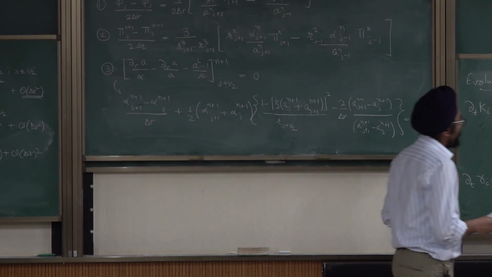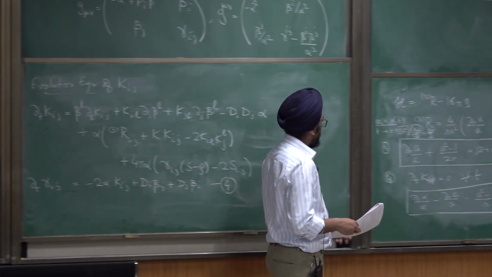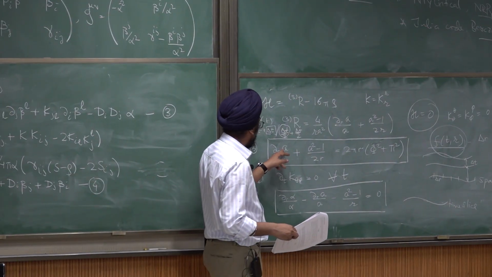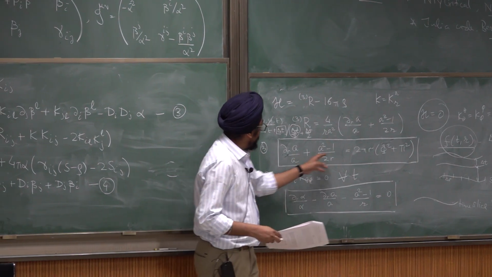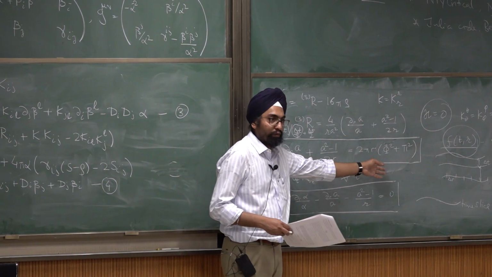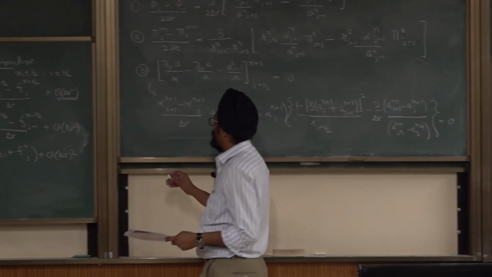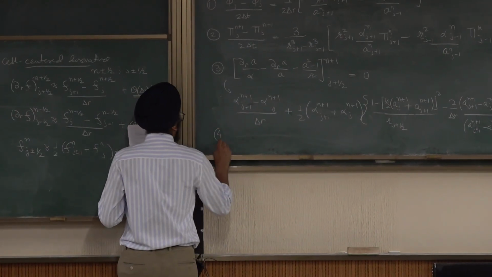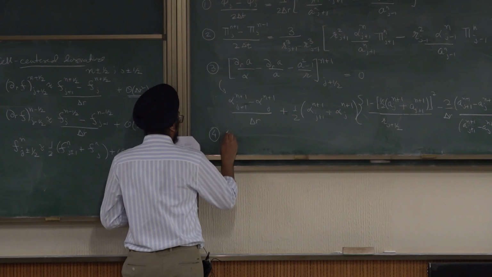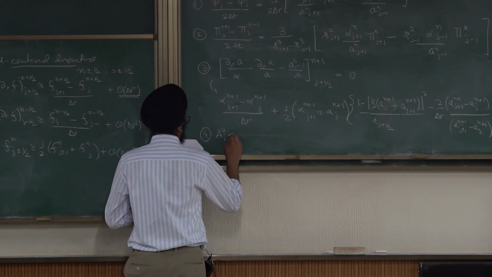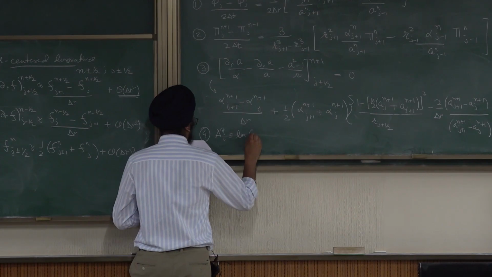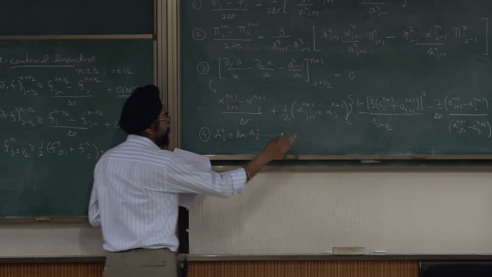But for the fourth equation, you see there is del r a by a, which is being computed. It is only a function of a coming from phi and pi. So we define a capital A j as log of a j. That makes things easy.